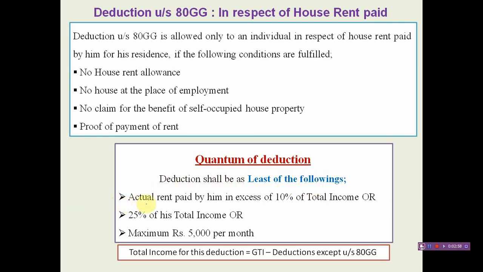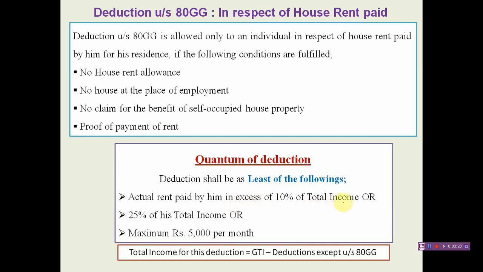First one, actual rent paid by him in excess of 10% of total income. Second, 25% of his total income, or third, maximum rupees 5,000 per month. The minimum amount among these is the deduction amount under section 80GG.